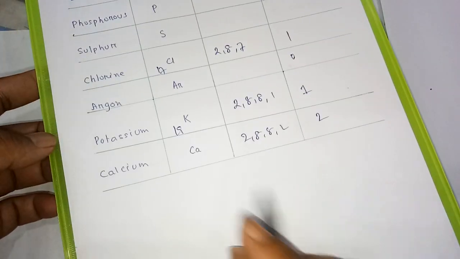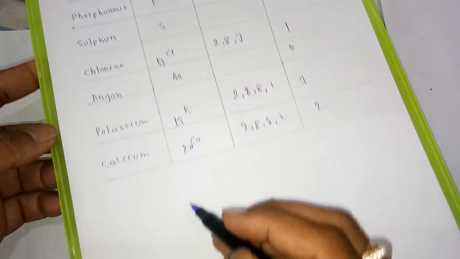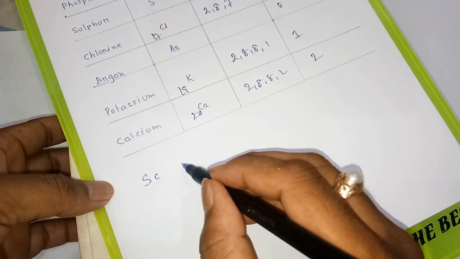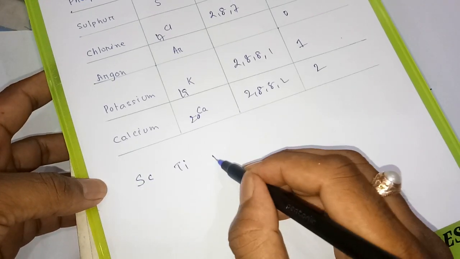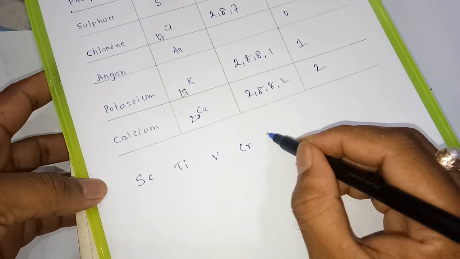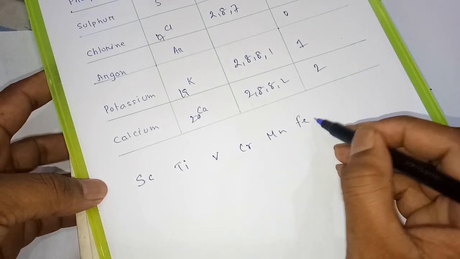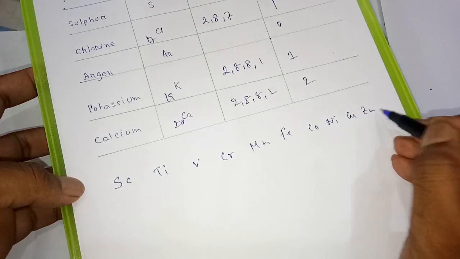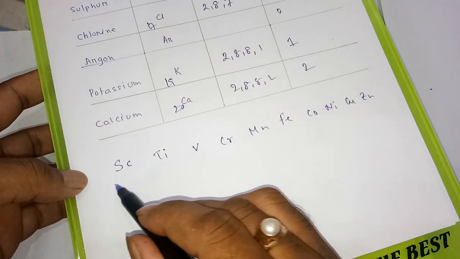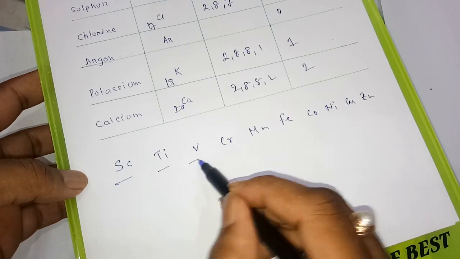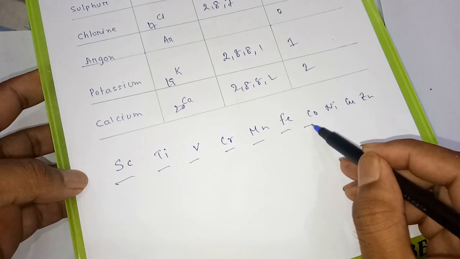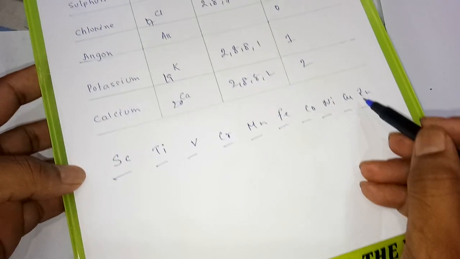We have read about 20 elements, then the rest 10 elements will be scandium, titanium, vanadium, chromium, manganese, iron, cobalt, nickel, copper, zinc.